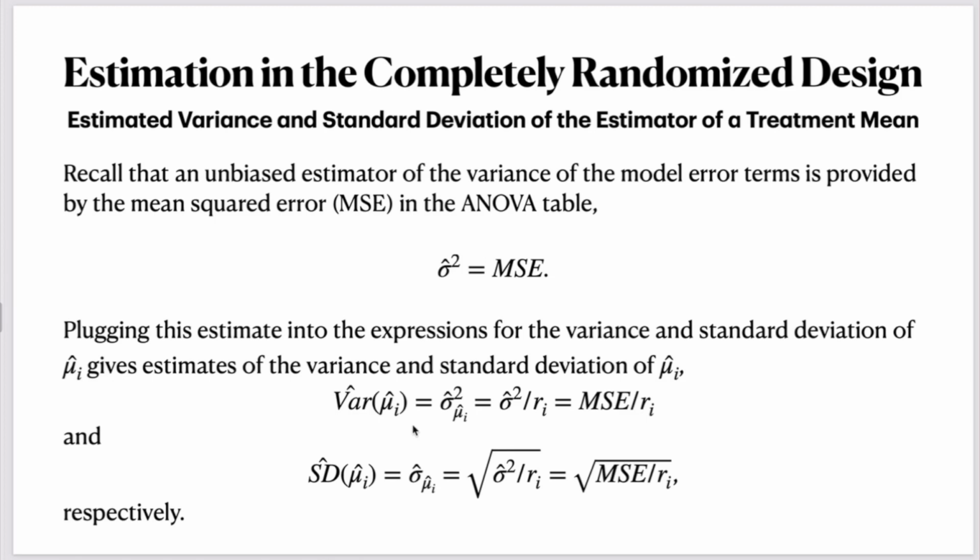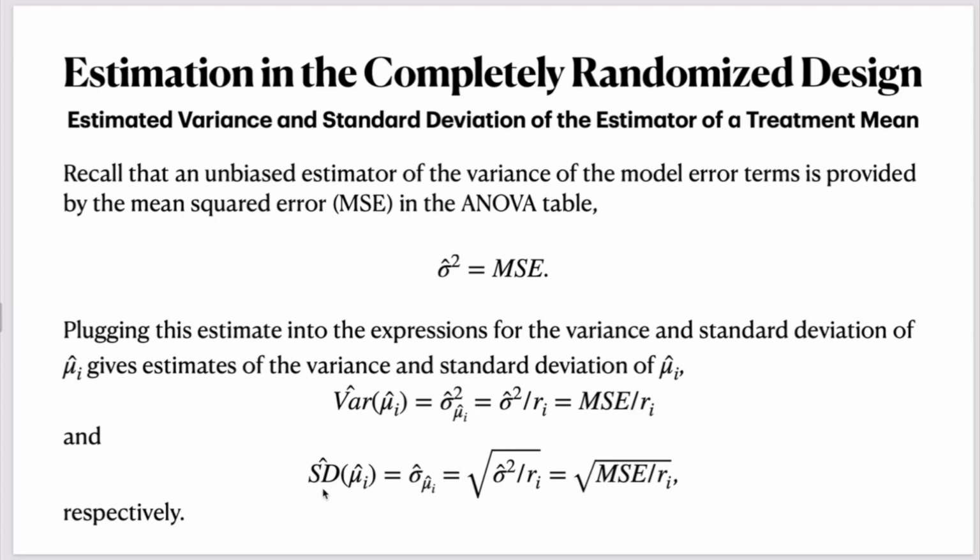And that is, this estimate is given by or equal to sigma hat squared over the size of the ith sample, or in other words, it's MSE, the mean squared error from the ANOVA table, divided by the size of the sample receiving treatment I. The estimated standard deviation of the sampling distribution of mu hat sub I is denoted this way.